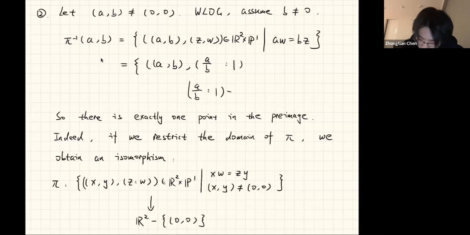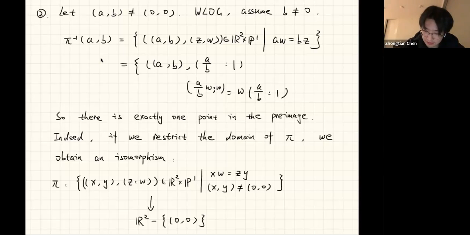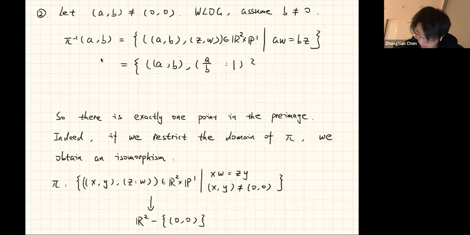Simply because this is just equal to W times this, so these two are the same, we just replaced here. Then, as you can see, the pre-image of this point is just one point in the product space.